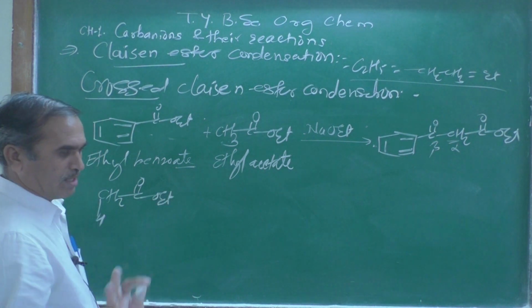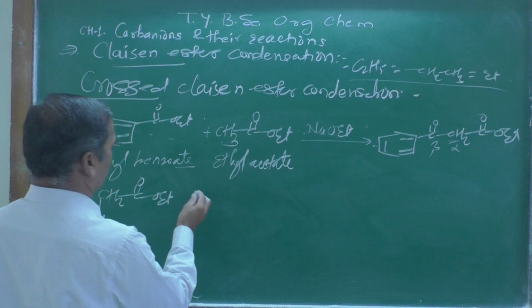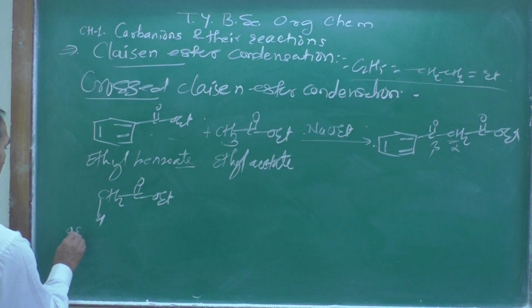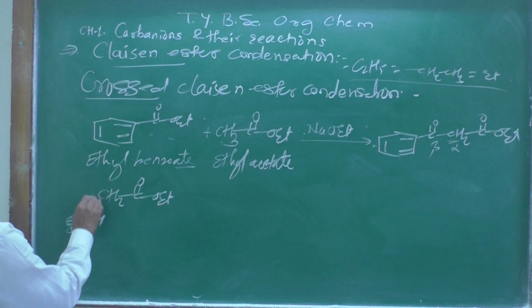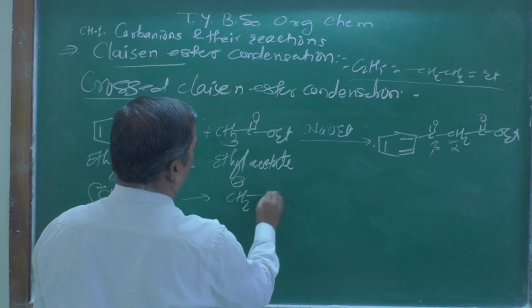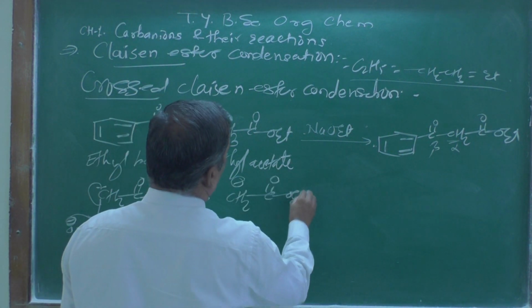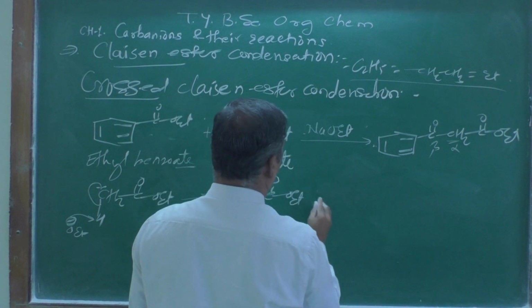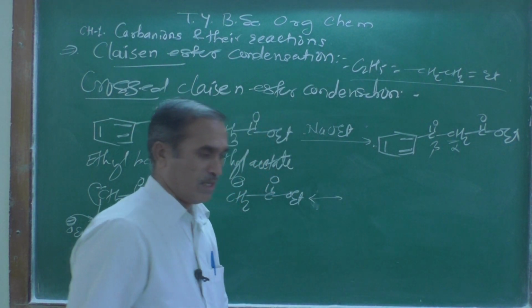I am showing the mechanism that could be, so OEt minus will abstract the proton from here, negative charge forming here, CH2 minus charge, C double bond O, and OEt, and there is a resonating delocalization arrow.